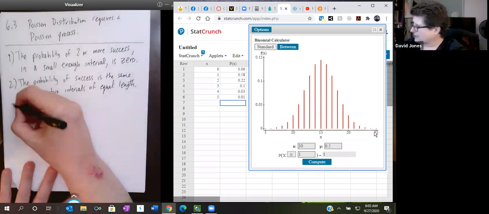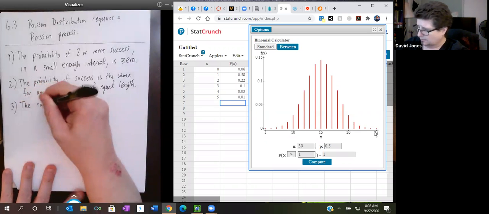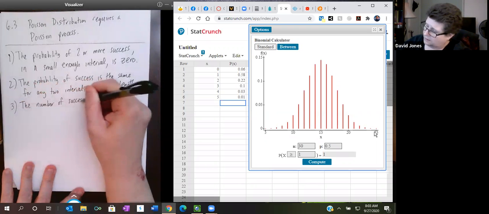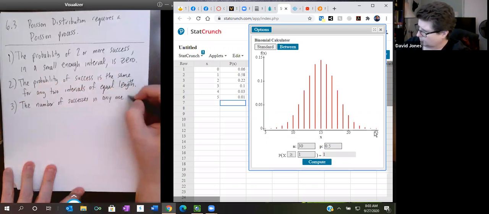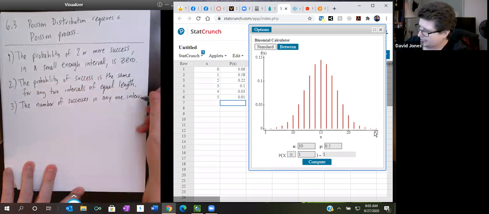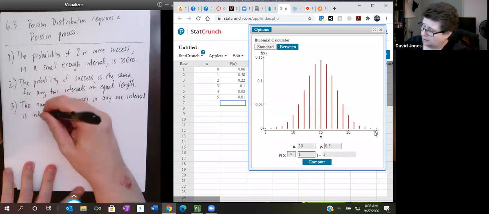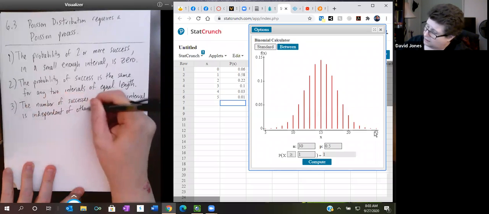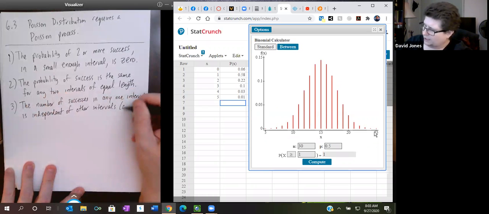And finally, the number of successes in any one interval is independent of other intervals, assuming the intervals don't overlap.